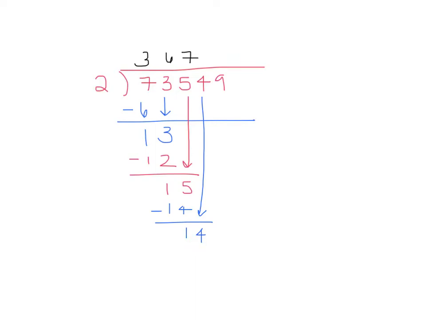2 goes into 14 exactly 7 times again, and so you multiply 2 times 7, which gives you 14. Okay, so I have a 0. Then bring down the 9. So 2 goes into 9 4 times.